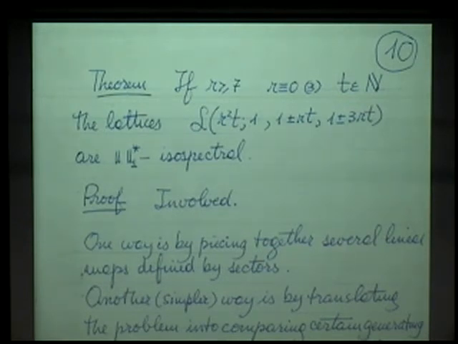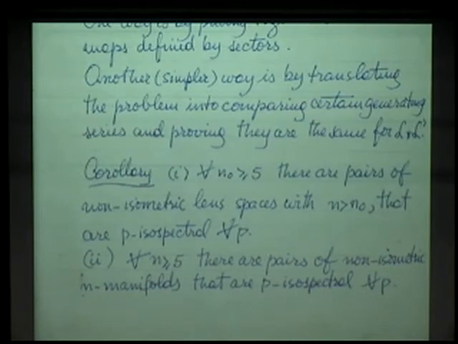So this took us a long time because the first proof was piecing together linear maps given by sectors that respect the one norm. But it's delicate. And then we found a way by using certain generating series, proving they are the same for both lattices.